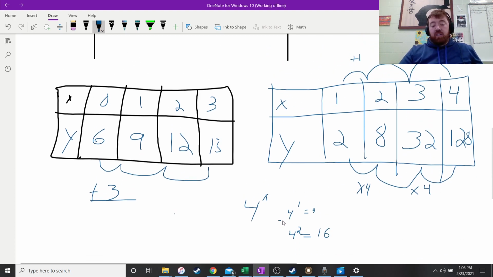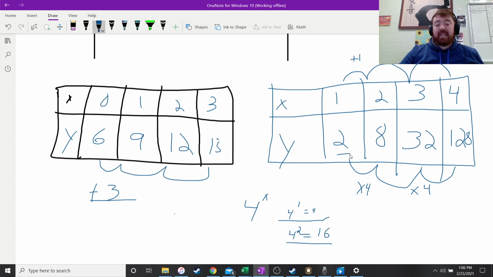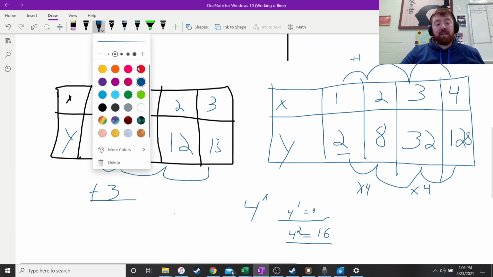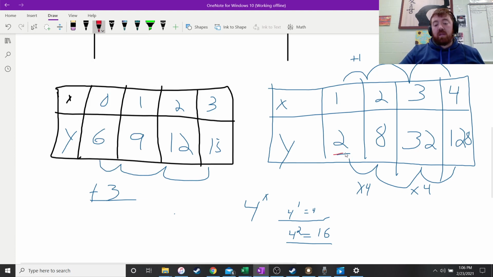Now, like I just showed you, these don't quite equal out, but what if we had a multiplier in front of our exponential part? So we got 4 to the first is equal to 4, 4 to the second is equal to 16. Is there a number that we could multiply both these numbers by to get the respective values that are in our table? So what can we multiply 4 by to get to 2?